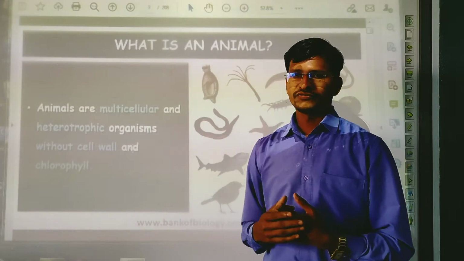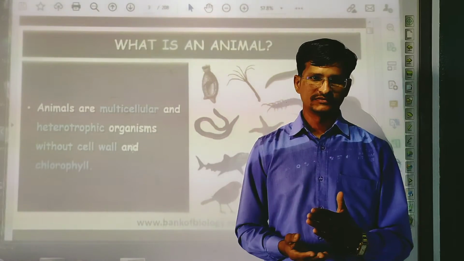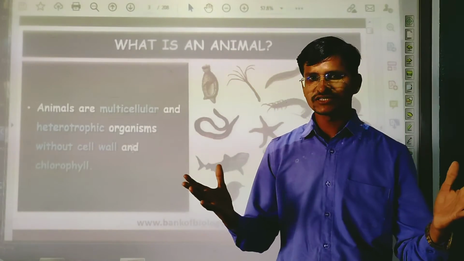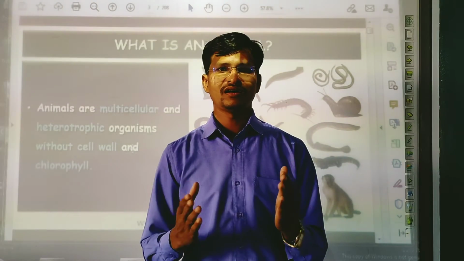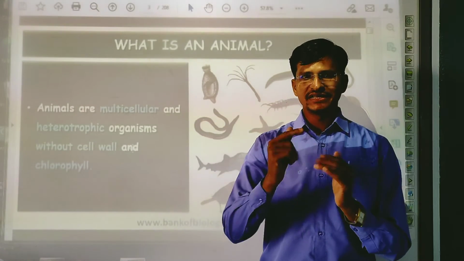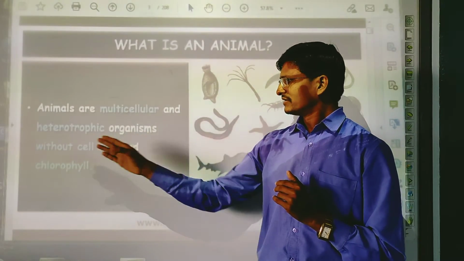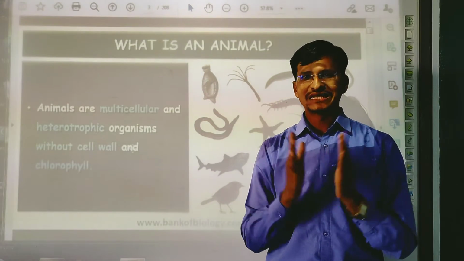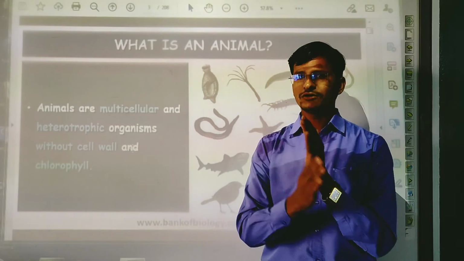They are heterotrophic, they depend on others. They are not autotrophic like plants. Animals are heterotrophic, they depend on others, and they do not have cell wall.